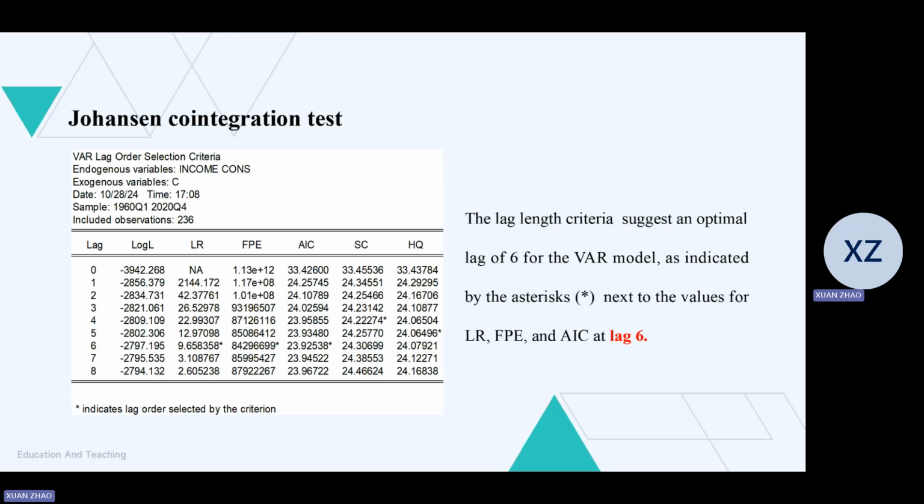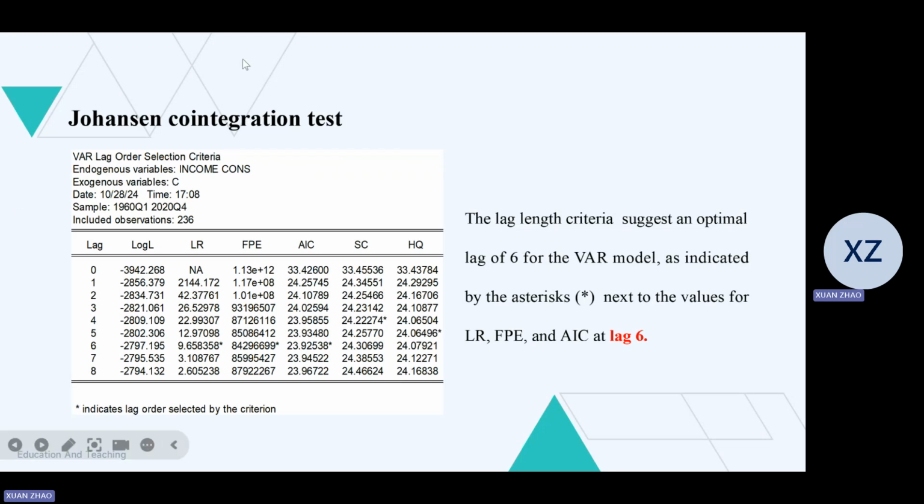When applying the Johansen co-integration test, the first step is to create a VAR model, and then use the VAR lag order selection criteria to determine the optimal lag order.